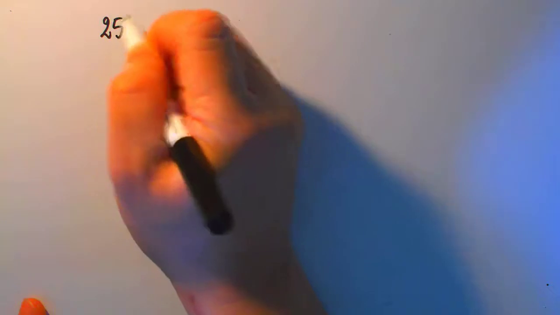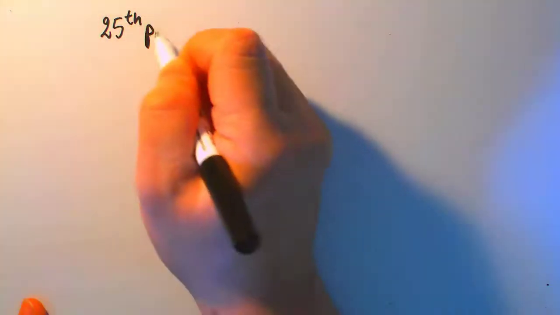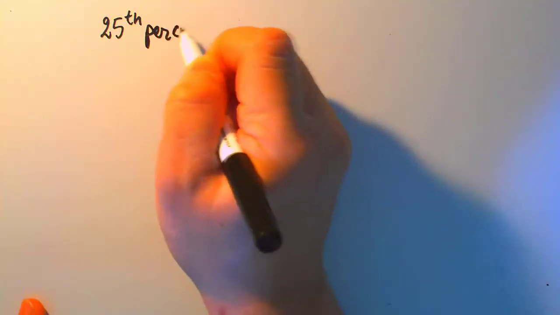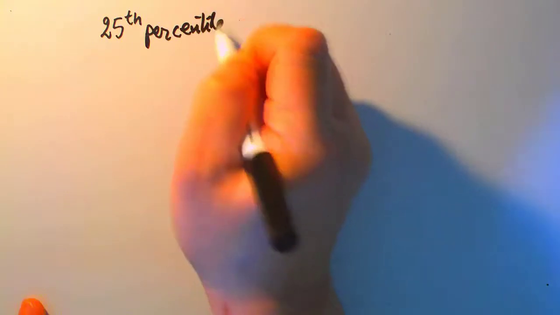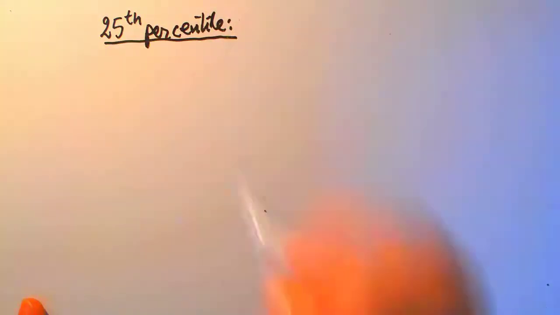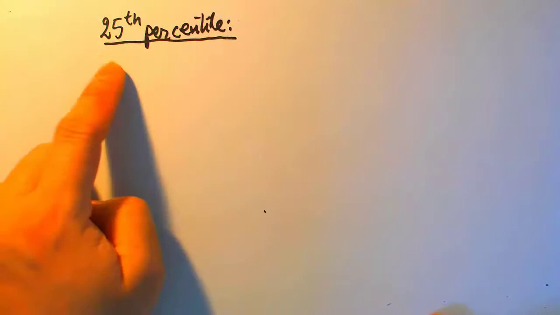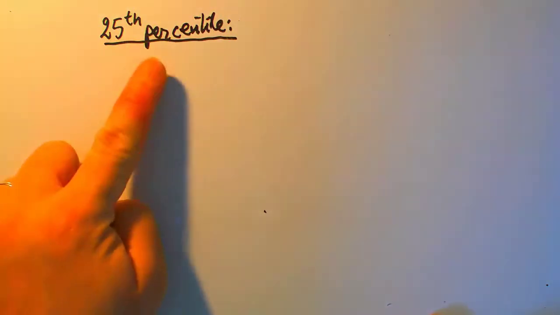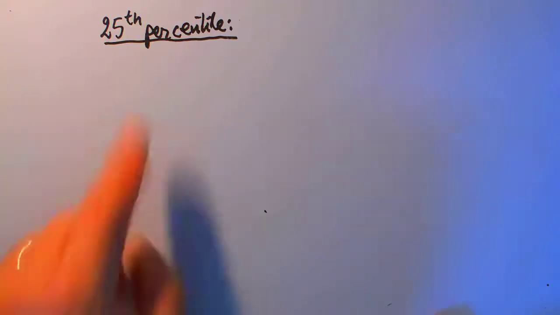Let's look at the 25th percentile that we found in the earlier example. From that cut, 25% of data falls below it. In daily language, that means 1/4 of the data falls below that cut.